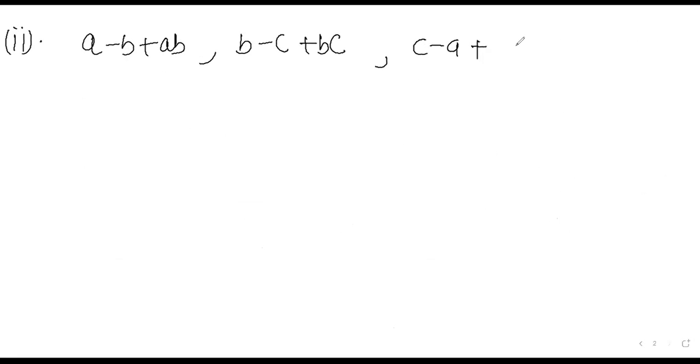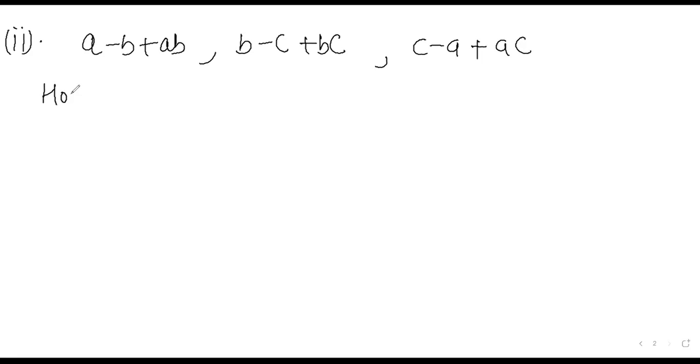Similarly, for the second part, let me solve the second one. The question is A minus B plus AB. Second one, B minus C plus BC, and C minus A plus AC. So these are the expressions we have to add.